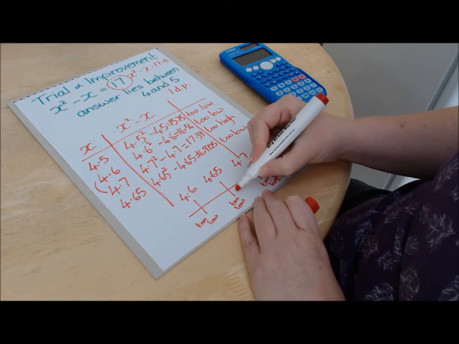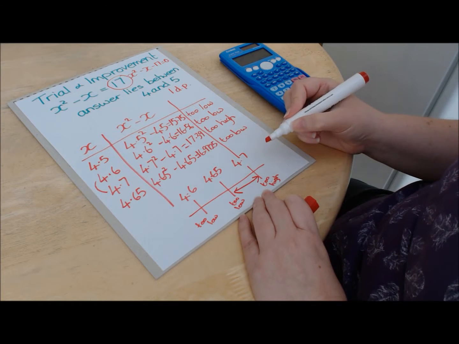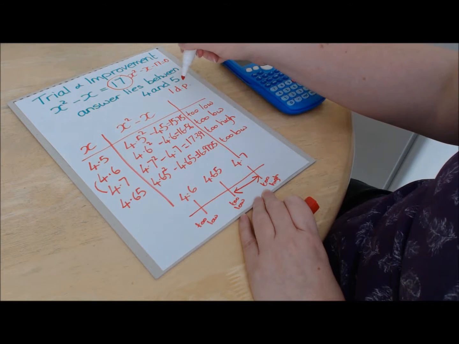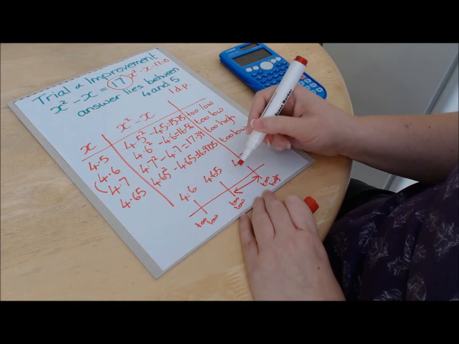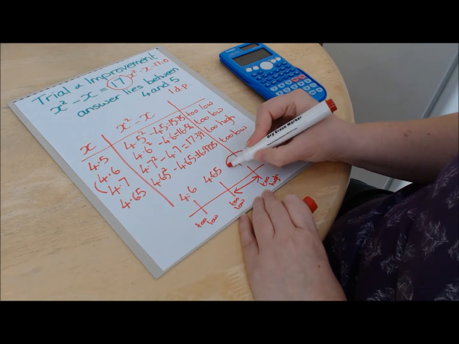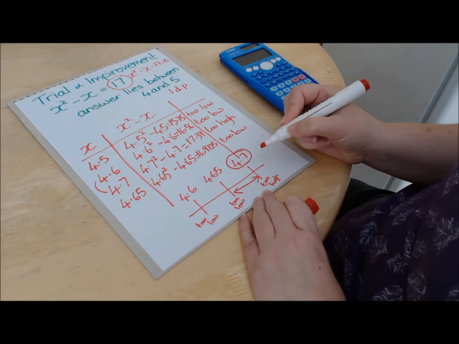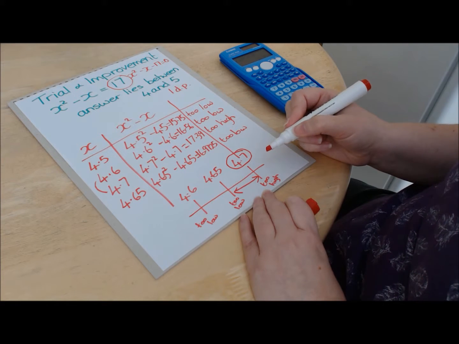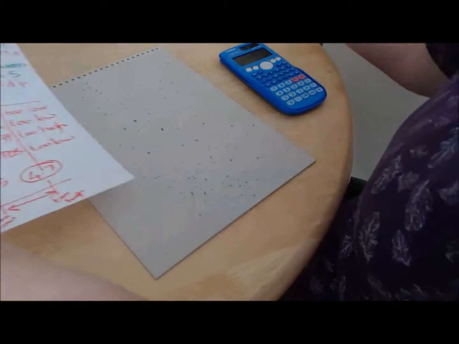So what we know is that our answer is somewhere in between these two numbers. And since we're working to one decimal place, any of these numbers in this space would round up to 4.7 instead of down to 4.6. So our answer is 4.7. I'll do one more example.